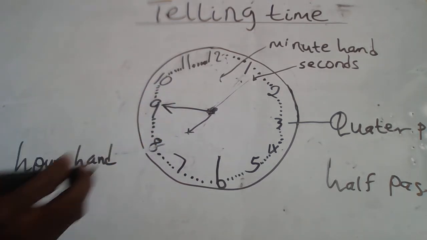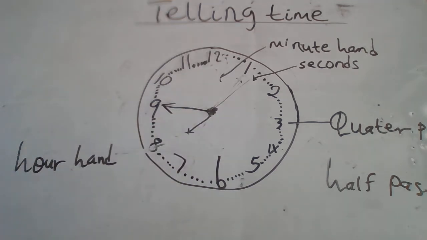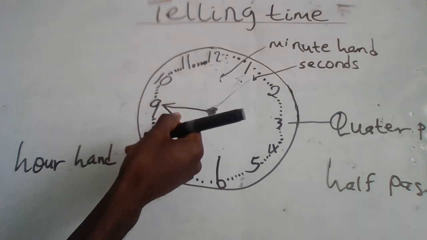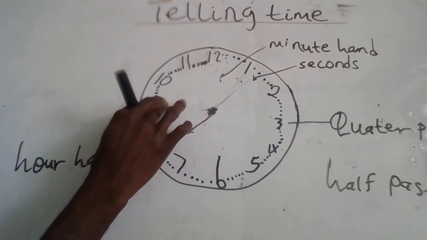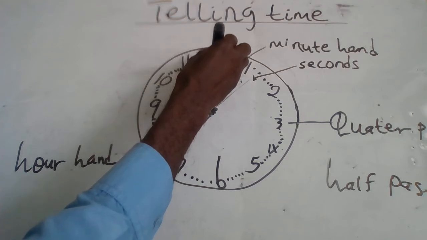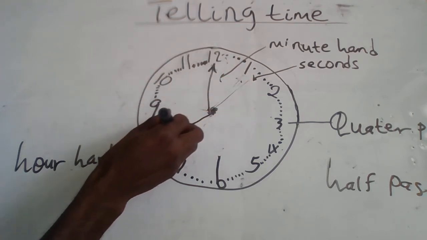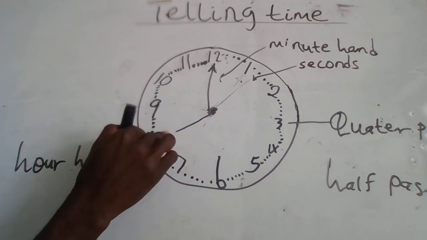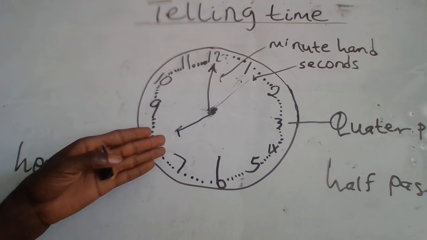It moves slowly, while the seconds and the minutes hands move fast. So let's say this is quarter to 8. Now, by the time it rotates to 12, exactly at 12, we say that our time is what? It is 8 o'clock.